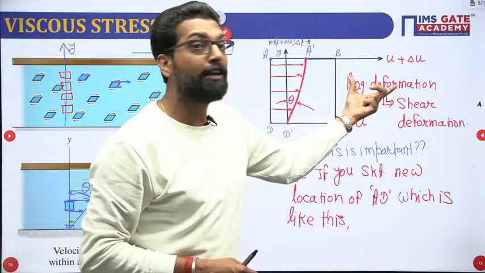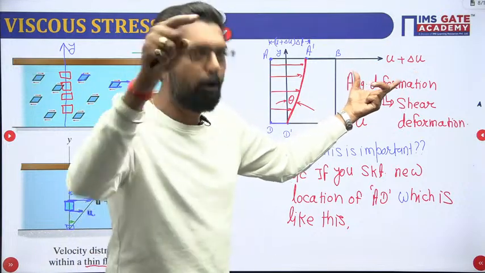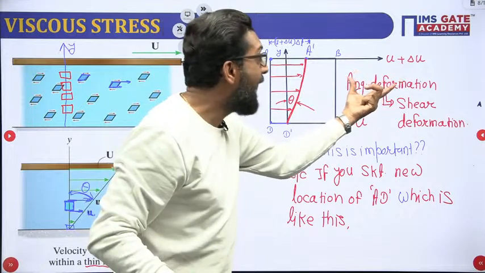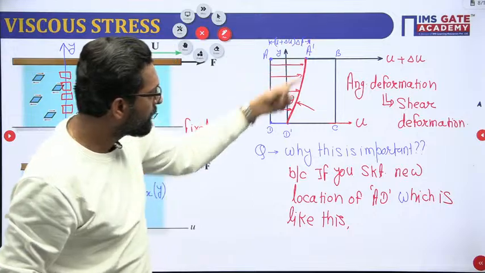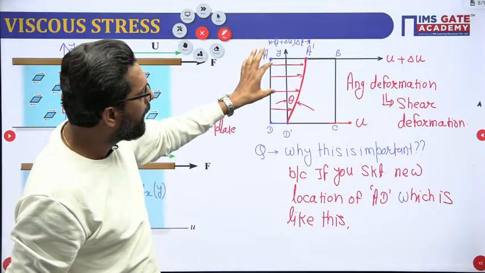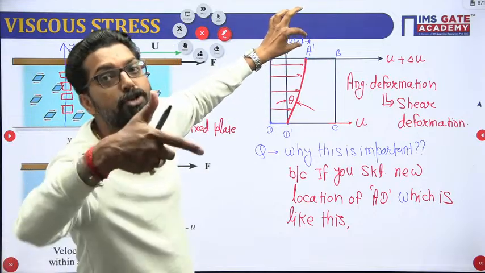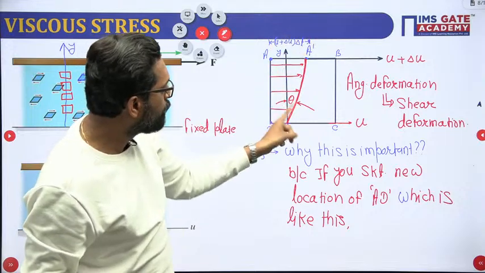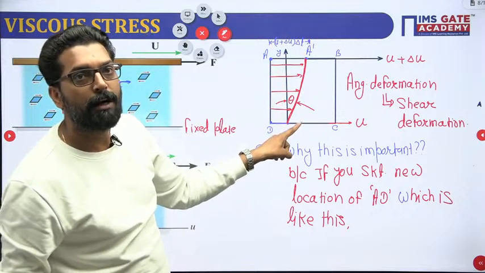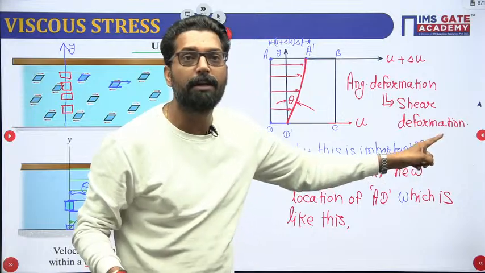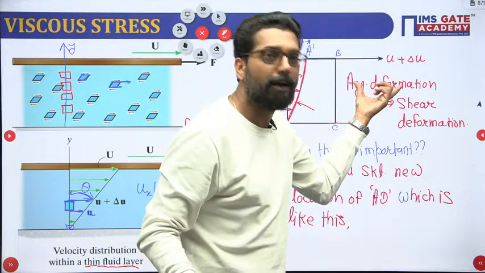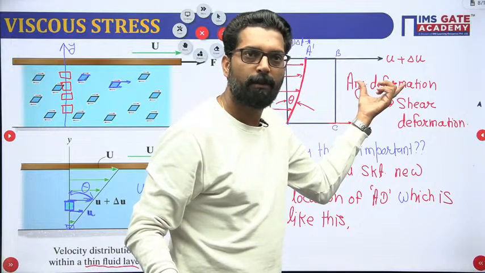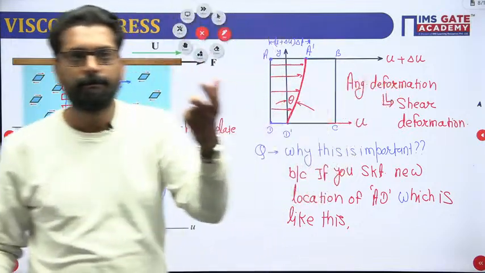The angular deformation will be quantified when you take the fluid element, and after delta t it has a new position. So you have to define the angular deformation. According to that angular deformation, you can define the shear deformation. So shear deformation is a kind of angular deformation. Clear, everyone?